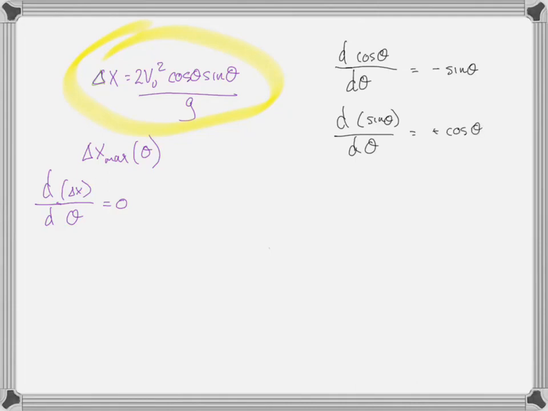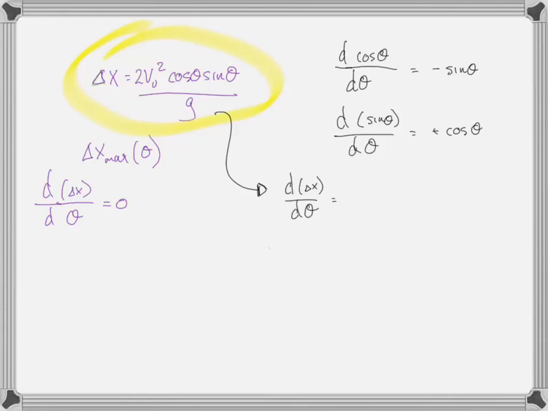Hopefully I got those signs right. So how do I take the derivative of this function? I am doing some more advanced calculus than we've done up until now. And while I'm not going to put this calculus on an exam, you should probably know how to do this kind of basic derivative. So I want to take the derivative of delta x with respect to theta.